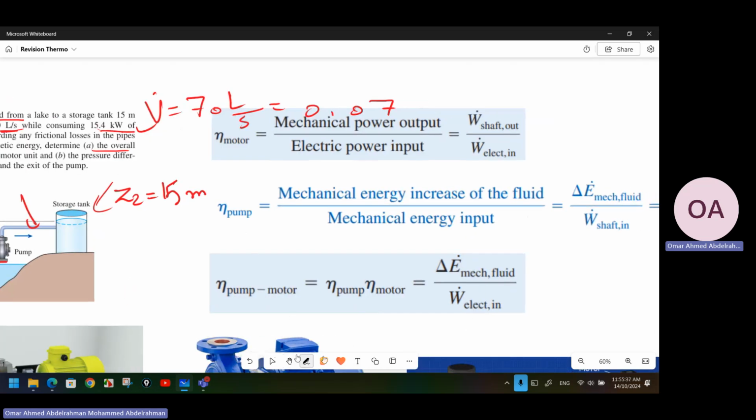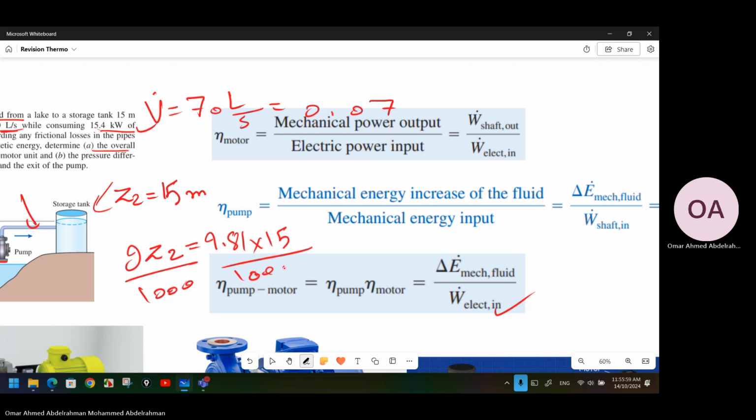I have W electrical in, it is given. Calculate the delta E mechanical. The only thing that I have is the potential energy, so I will calculate it as g Z2, and also do not forget to divide by 1000. So I will have 9.81 times 15 over 1000.